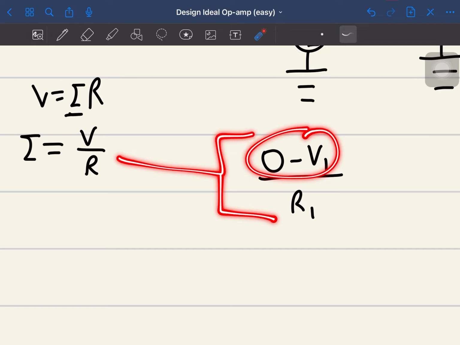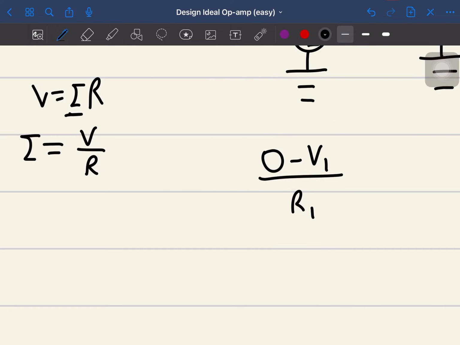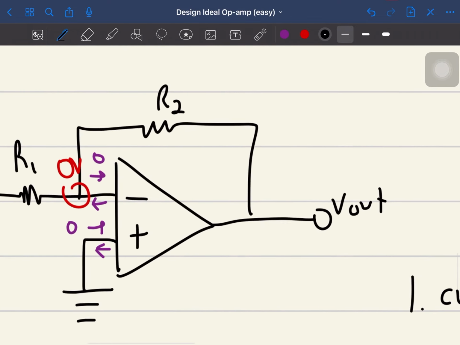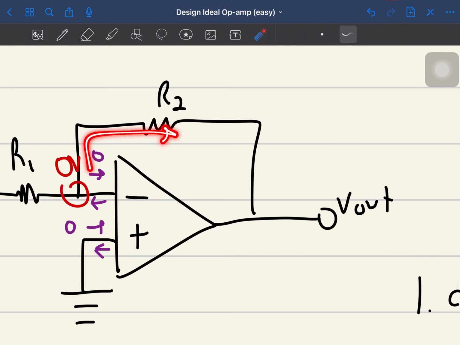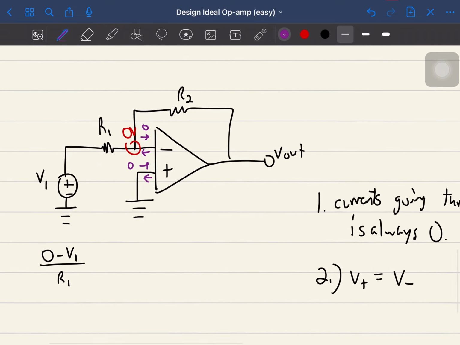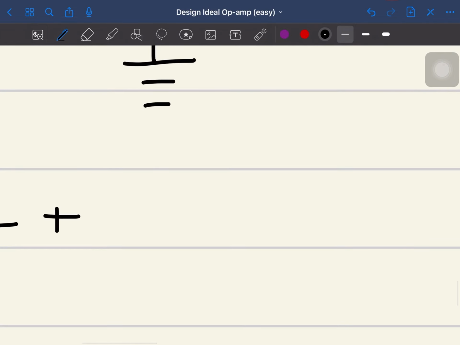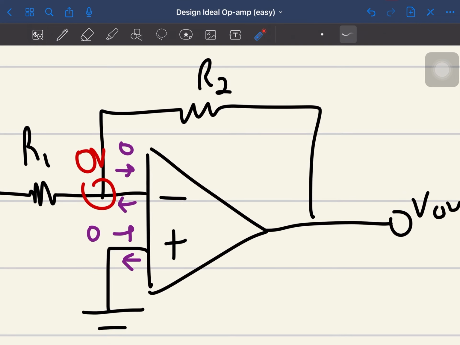We have a voltage over a resistance. Next, we have to find this current. The voltage on this side will be 0 volts, and the voltage on this side will be V out. So we add all of the currents. Since the current is going this way, as we assume, it may not actually be that way.